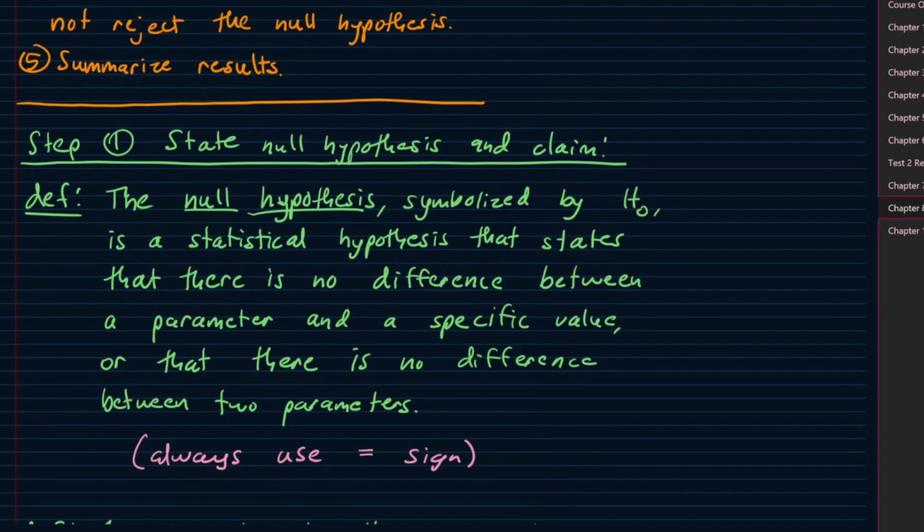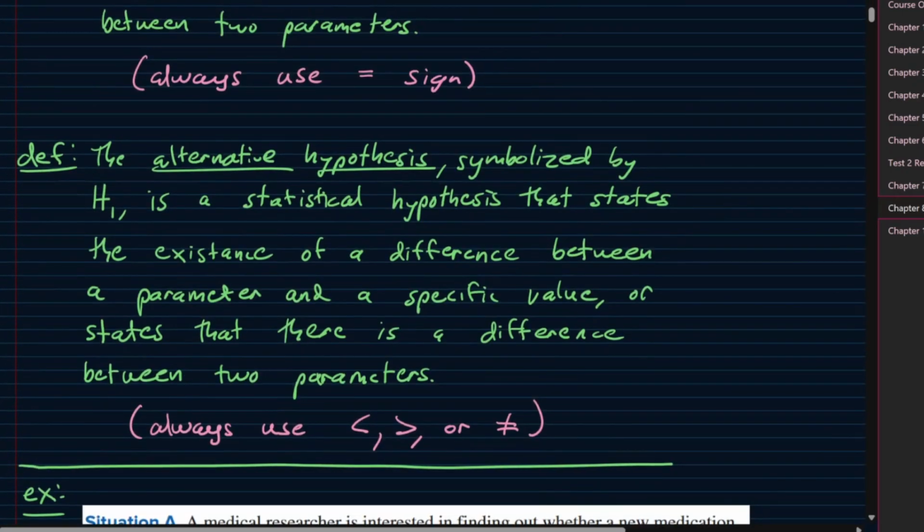So we make this assumption, okay, this variable is equal to some value, and then we either try to prove or disprove it somehow with the alternative hypothesis. And the alternative hypothesis is either a less than, a greater than, or a not equal to, which I've put right here.